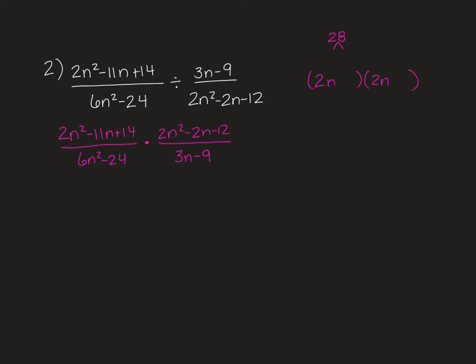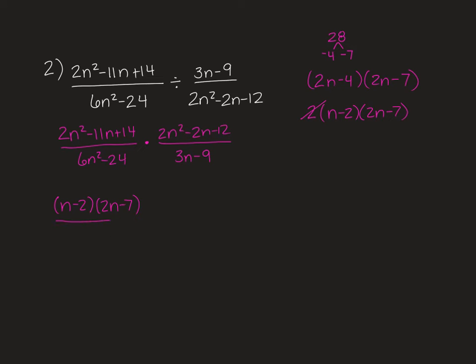And my numbers are negative 4 and negative 7. I can factor a 2 out of the first one. And then you can just eat your Berry. So this factors to n minus 2 and 2n minus 7.